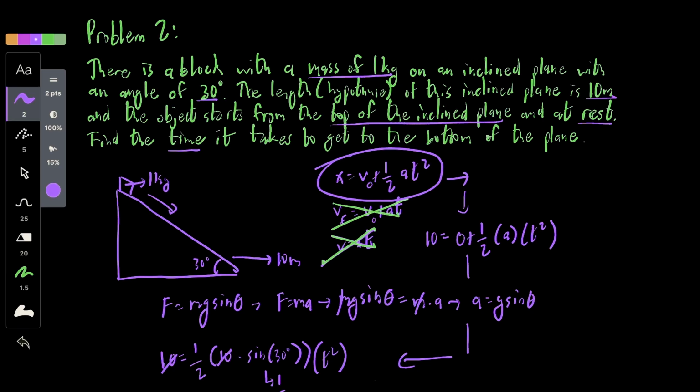And multiplying by 4 on both sides gives us t squared is equal to 4. And as a result, the time is equal to 2 seconds. So the time it takes to travel to the bottom of this plane is equal to 2 seconds.